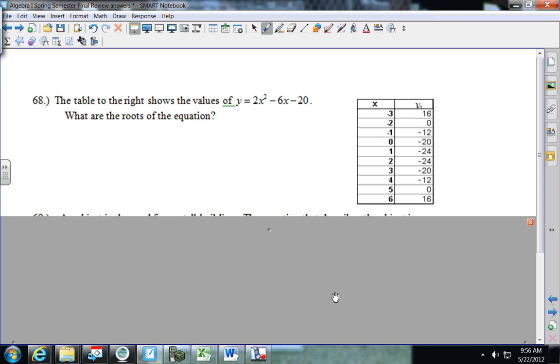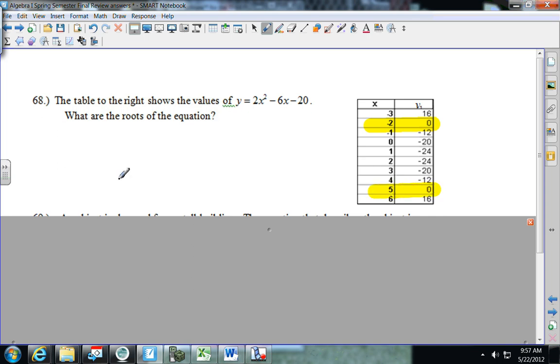Okay, the next ones. Right here, number 68 says the table at the right shows the values of the quadratic equation they're using, and it wants you to find the roots. You should be able to see that the roots are right here. It is where the y number is 0, not the x.